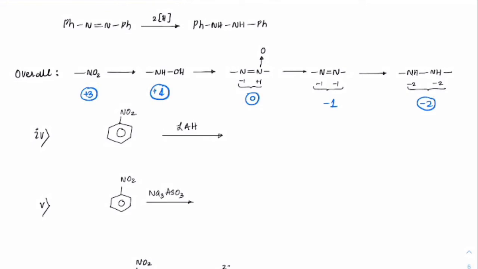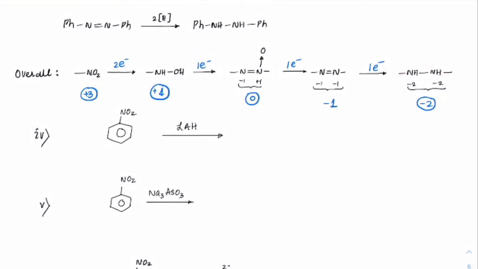From 0 to -1 means it is adding one more electron here, and one more electron here. So from the nitro group, if I take 2 moles, where does it end up? If it is coming to this point, 2 plus 1 plus 1, 4 electrons are used. If it is coming to this, 2 plus 1 plus 1 plus 1, total 5 electrons.